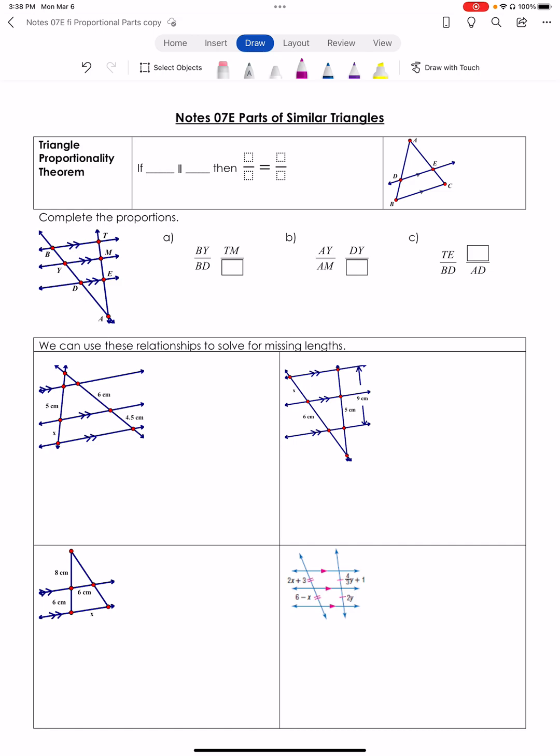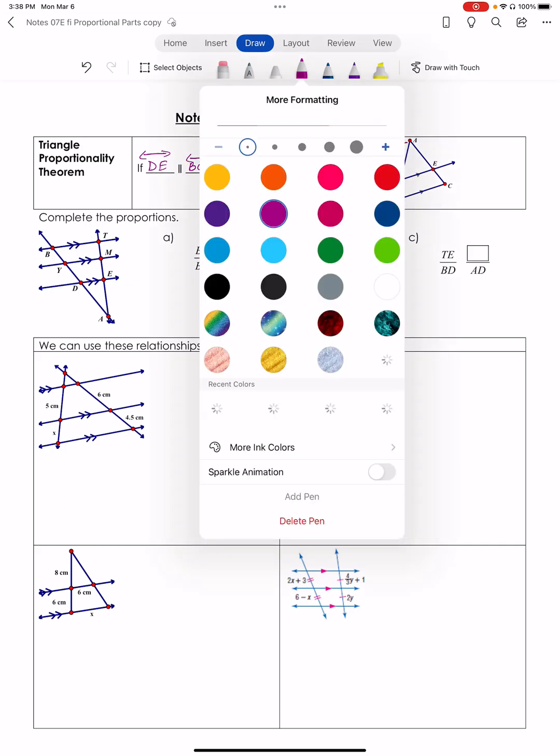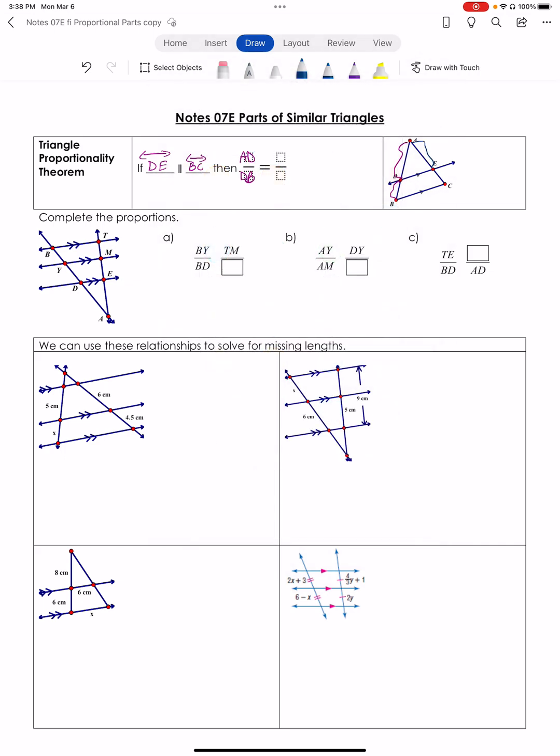So the triangle proportionality theorem basically says if DE, in this case line DE, is parallel to segment BC, then AD over DB is equal to AE over EC.